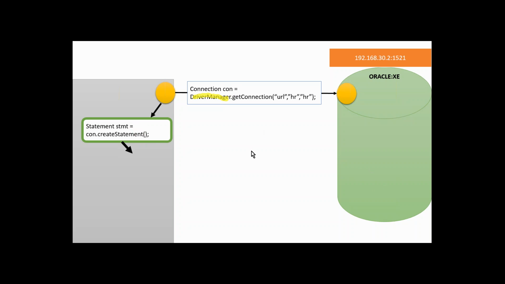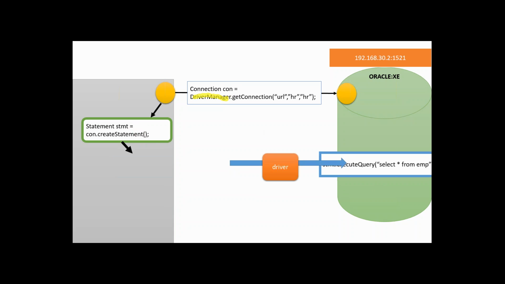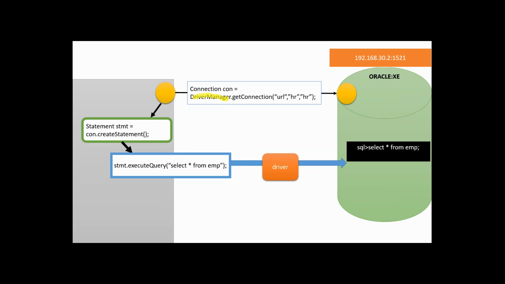Now, this will help you create the statement: select star from employee. You have created the statement, and when you call the executeQuery method, the statement is shipped to the database with the help of the driver, and the driver will extract your SQL statement and execute it onto the database.